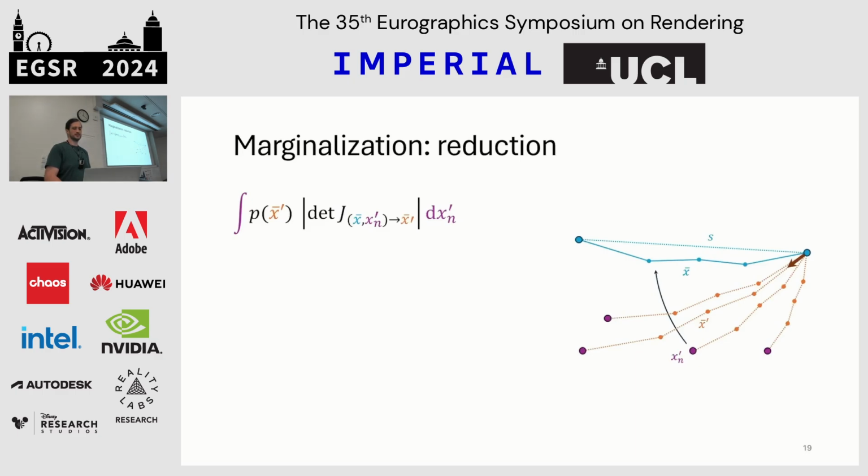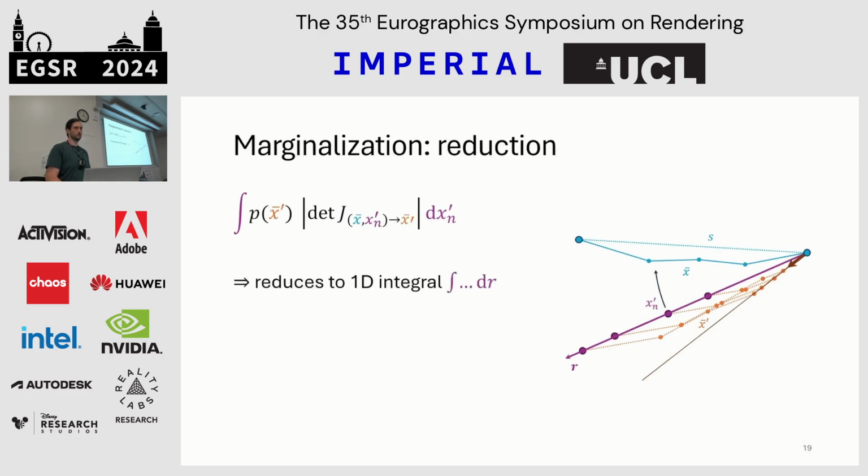And if we choose the same direction for any of the preliminary paths here, the end vertices will align. They will all just be on a single line, and we can integrate along that line. So the integration just changed to a 1D integral, and we are just integrating over basically the scaling of this preliminary path.